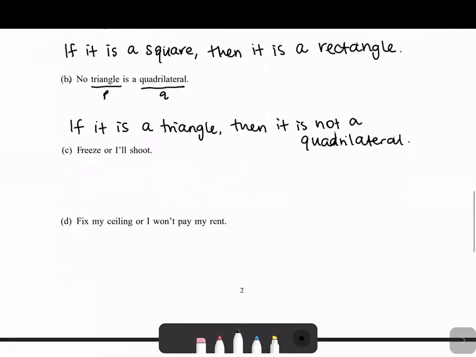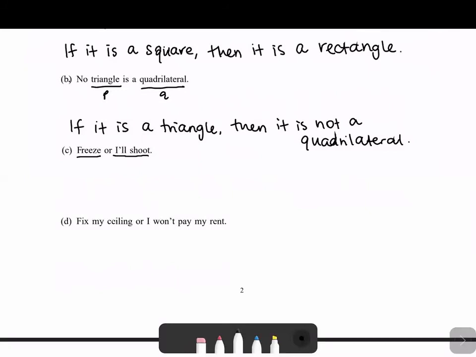Okay, C: freeze or I'll shoot. This one is a little bit different. It's not all and it's not no, but it has this or in it, so it has an implied if-then, and we have to figure out what's happening. First, let's identify the two things we're talking about. The two clauses in this statement are freeze and I'll shoot.